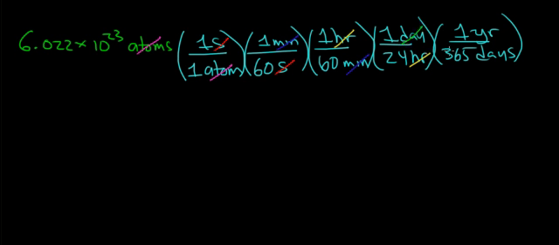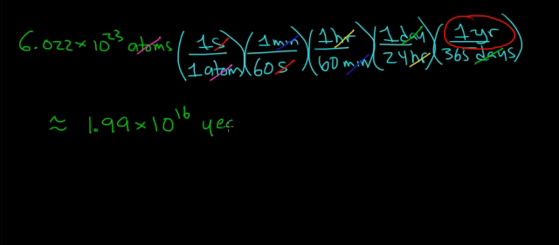And this unit of day cancels out with this unit of day, so that in the end, you're left with strictly units of 1 year, which is what we're looking for. We're looking for the time in years it takes to count out all of these atoms. Now, if you plug this into your calculator, you should find that this works out to be about 1.99 times 10 to the 16 years.